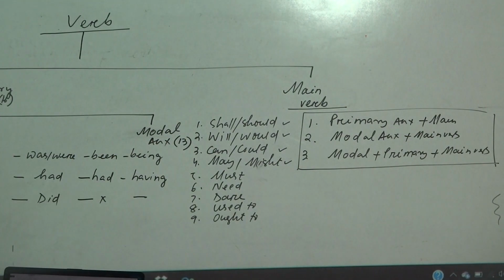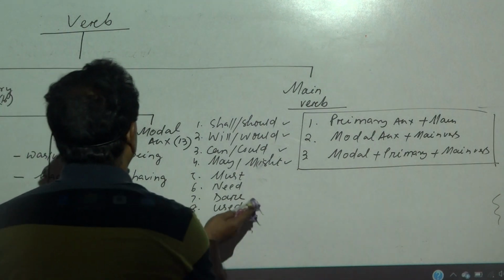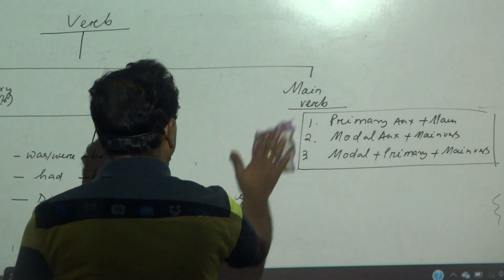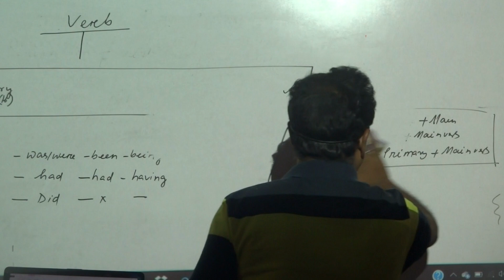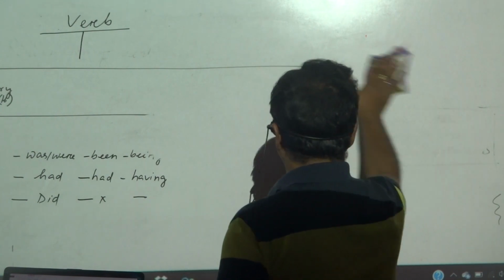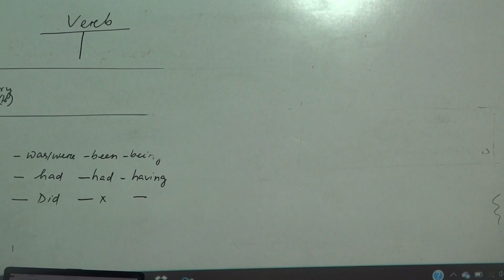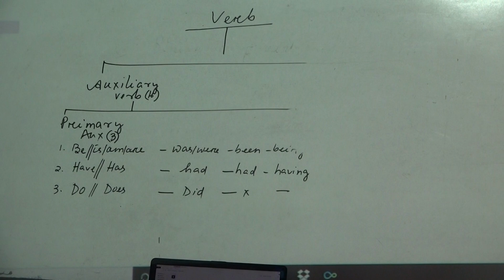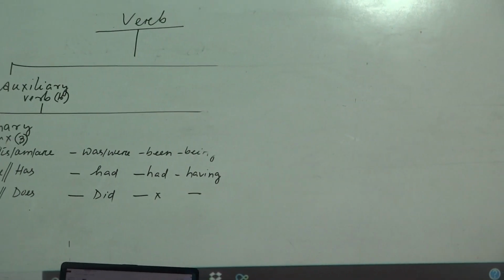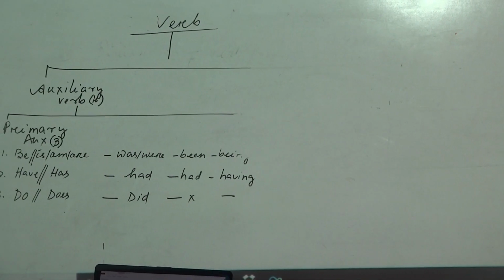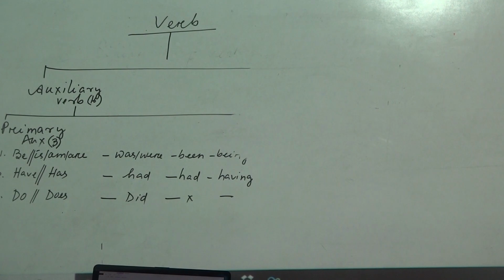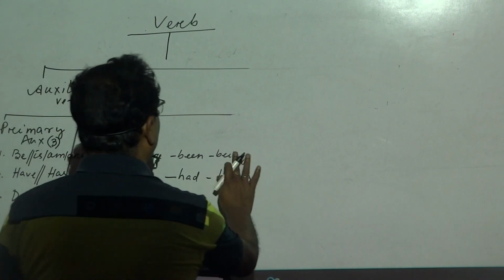Okay, look at the word primary auxiliary. Be: is, am, are, was, were, been, being. You know, after primary what do we use?